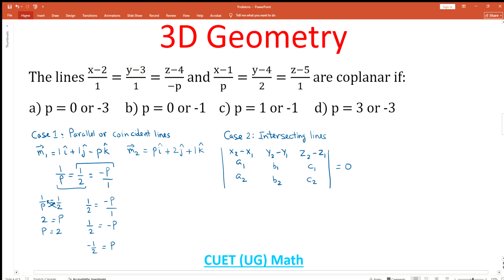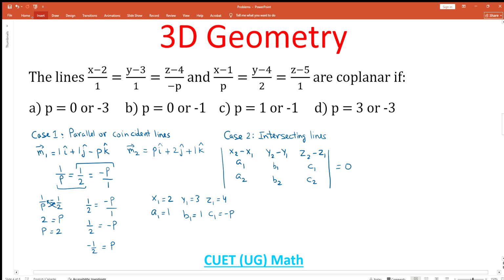Let's start with the first line. As per the given equation, x1 is equal to 2, y1 is equal to 3, and z1 is equal to 4. These are the coordinates of a point that lies on the line. a1 is equal to 1, b1 is equal to 1, c1 is equal to negative p, the direction ratios or components of the vector that's parallel to the first line.